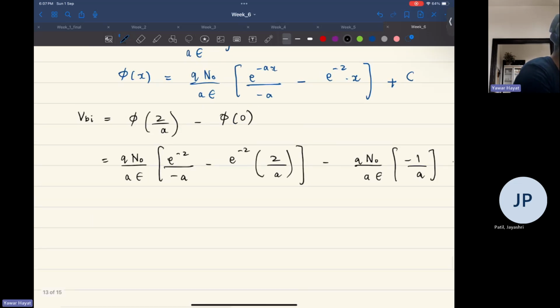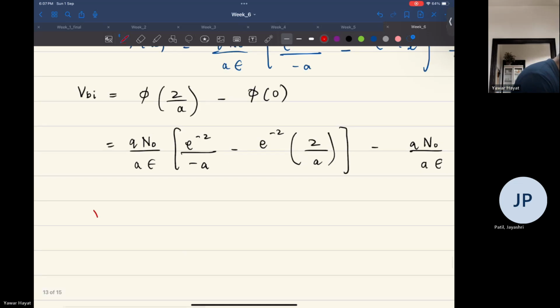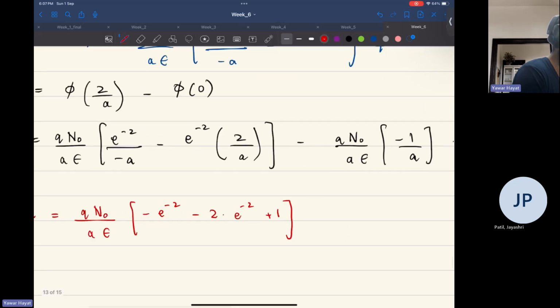So thus your VBI would be equal to q n0 whole divided by a epsilon, then minus exponential of minus 2 minus 2 times exponential of minus 2 plus 1, this particular quantity, which evaluates to 0.593.